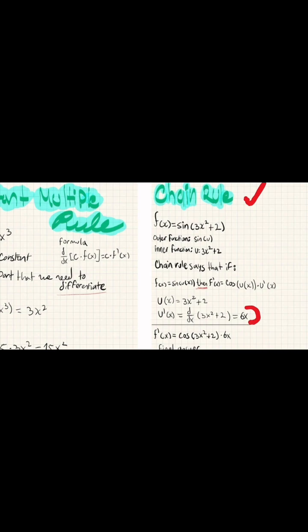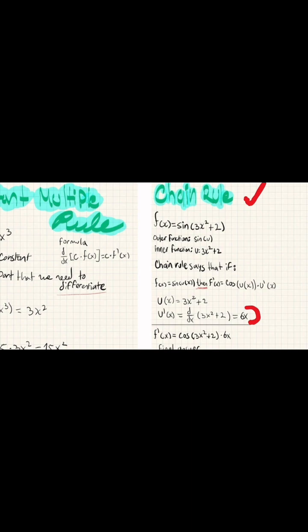Now we did the differentiation of the inner part. We have that the derivative of 3x squared plus 2 is 6x, and then we need to do the differentiation of the outer part as if u were the variable. So what are we going to do? We know that the derivative of sin is cos.